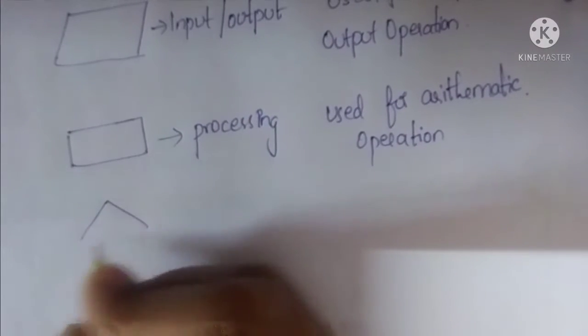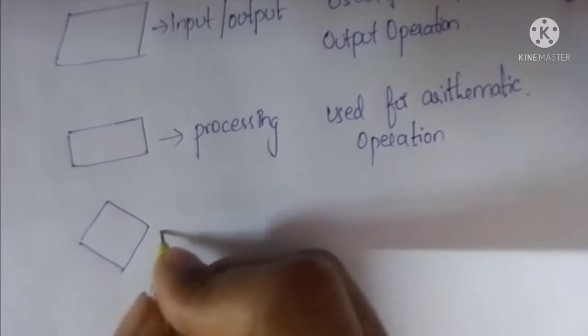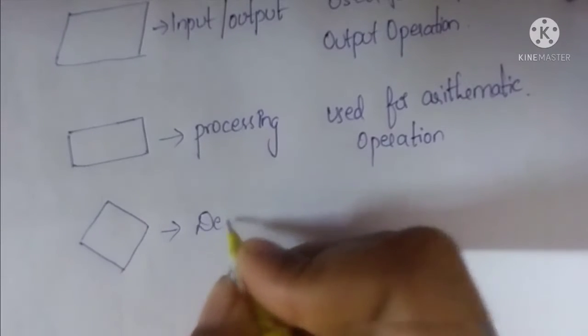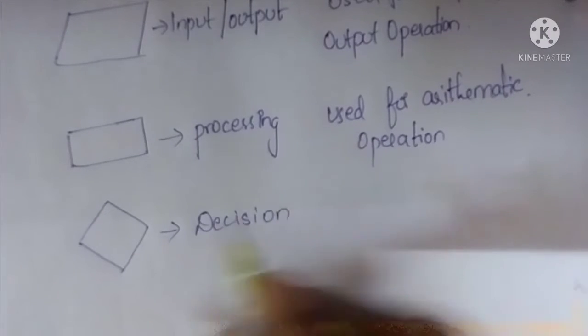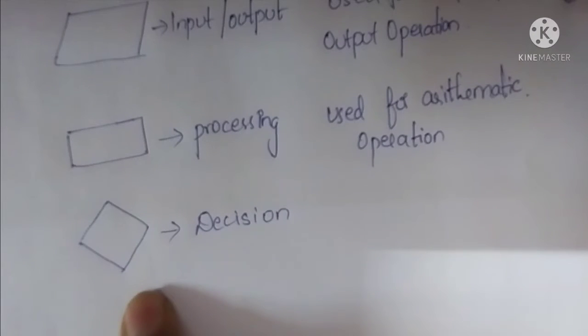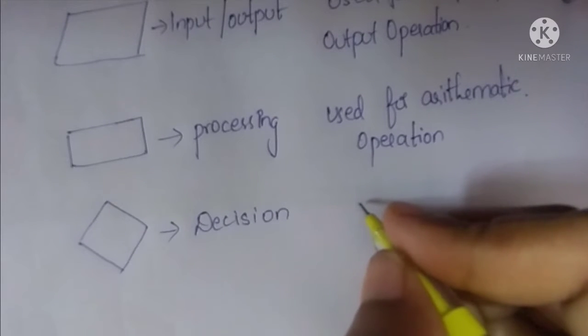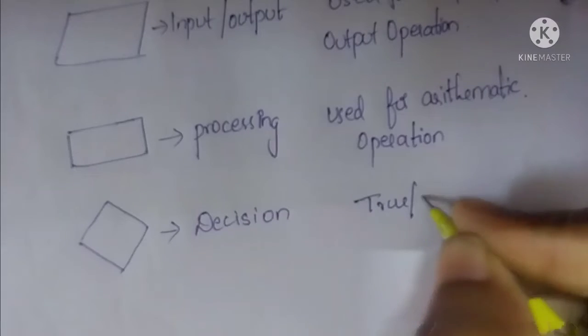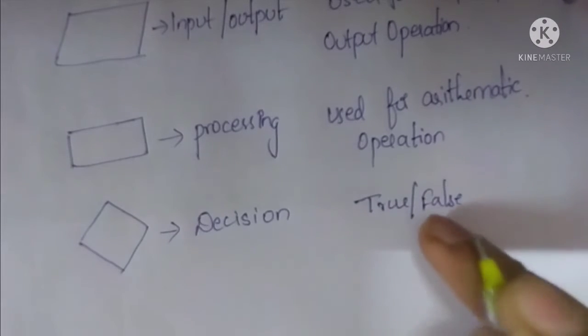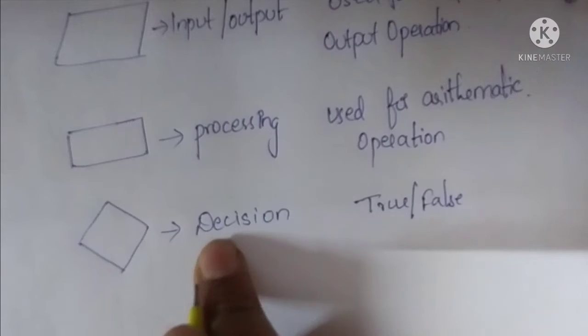After this, next you are going to see a decision box. This symbol we are calling decision. This decision is used for the representation of operations in which we define whether the condition is true or false. In those cases we are going to use this decision symbol.